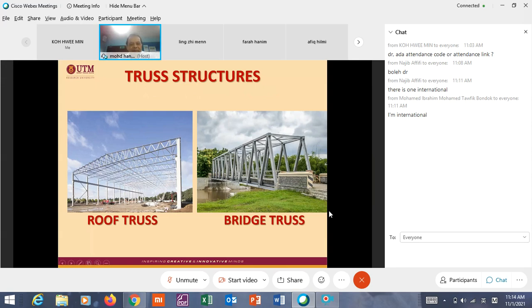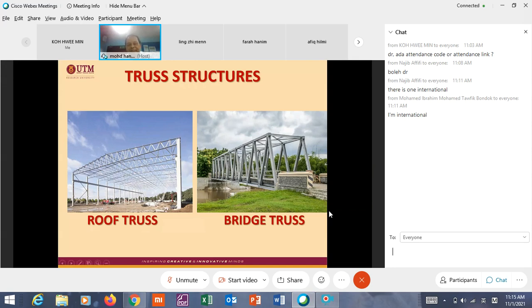This is a very large span roof truss. And you see, it is only made of very small members. You call it frame member or skeletal member or bar member, which are arranged in such a way that it will be able to carry load from the roof, from the imposed load. Will come to it a little later.